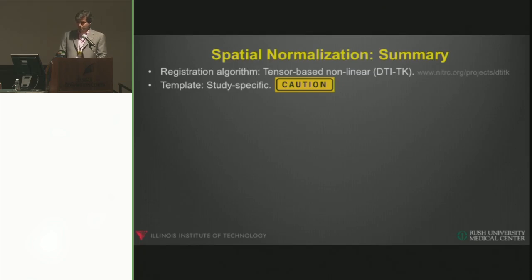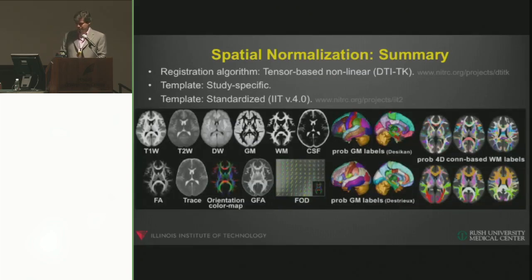So if your subjects are not well co-registered, for example, it will look blurry, and blurry is not representative of your individual data sets. So it's very important to do this very well. If you don't want to get into this trouble, then you can use standardized templates, and IIT version 4 was shown to accumulate the most desirable characteristics.